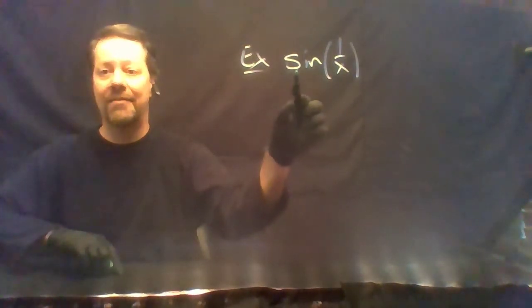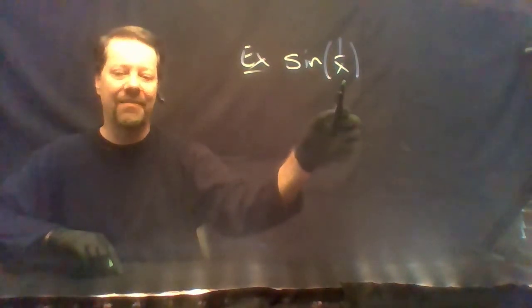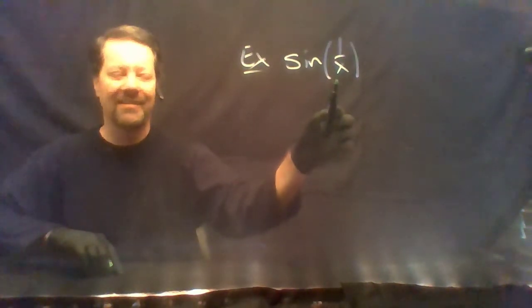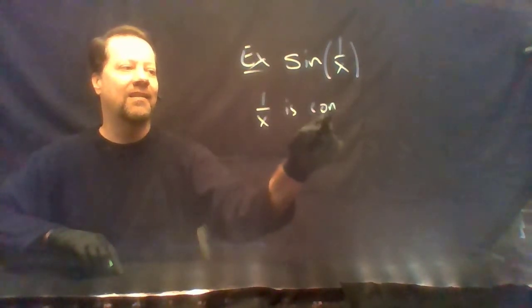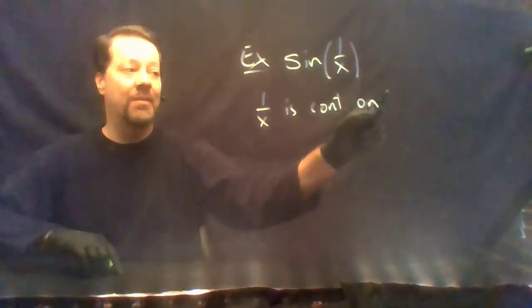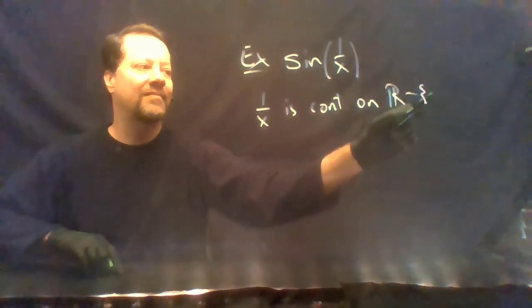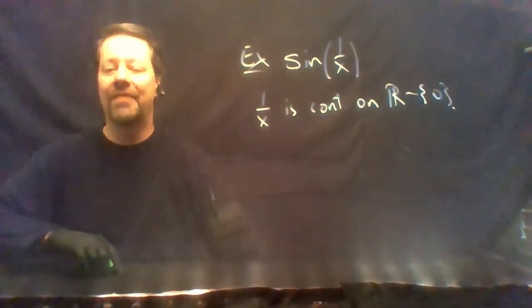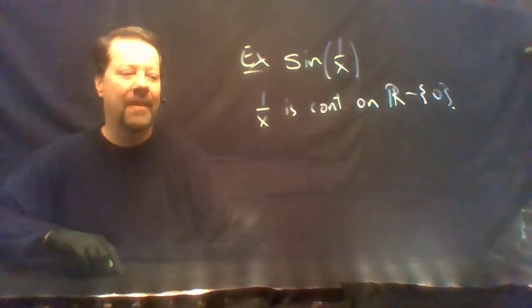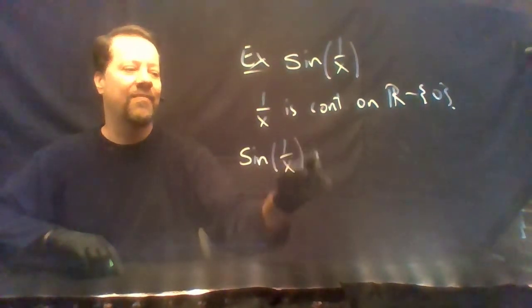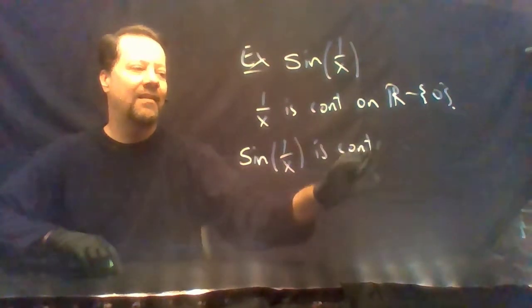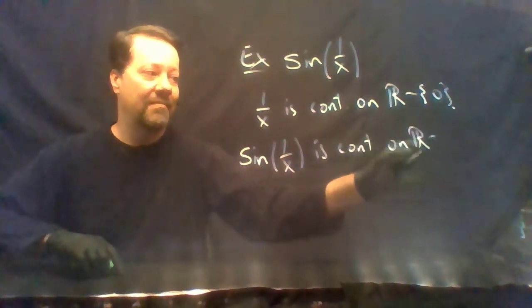The outside function f is sine, and the inside function g is 1 over x. 1 over x is continuous everywhere but 0. The sine function is continuous everywhere. So the composition of these two functions is continuous everywhere but 0.